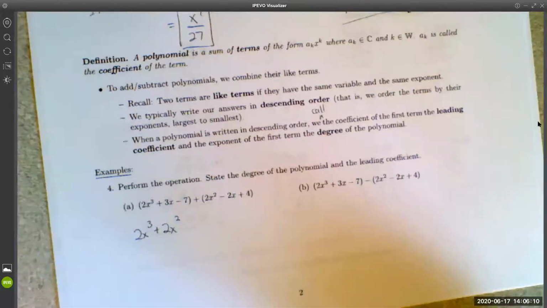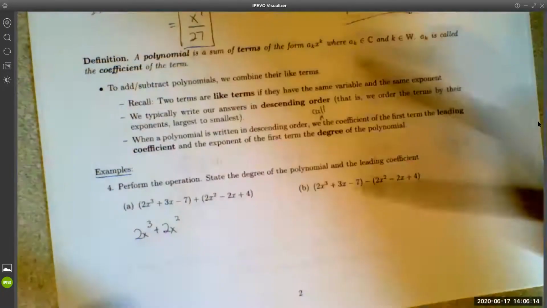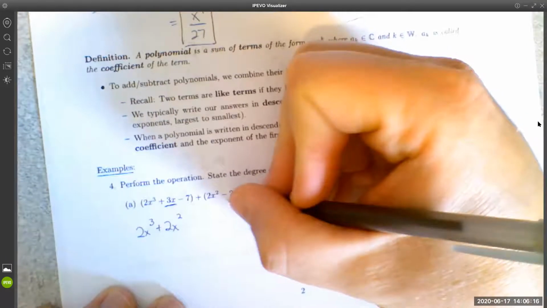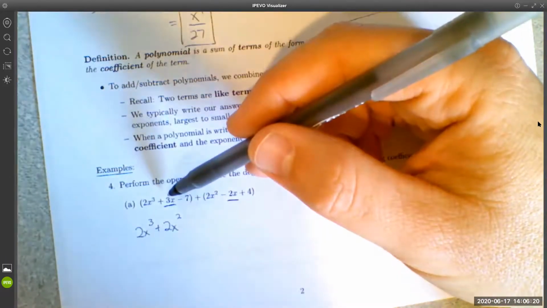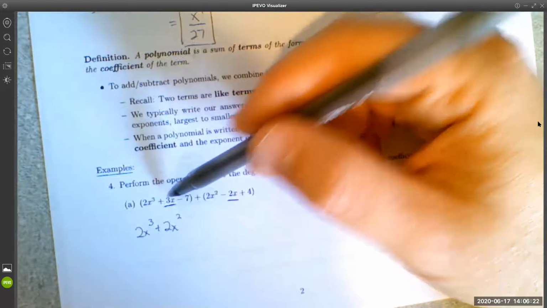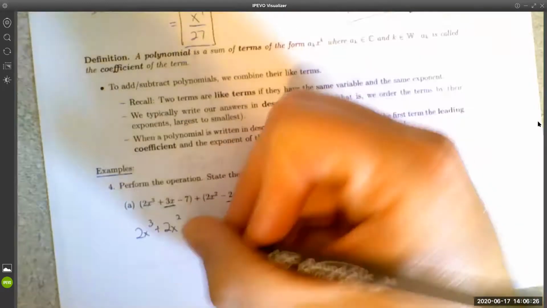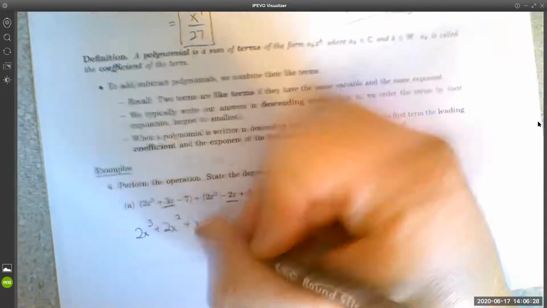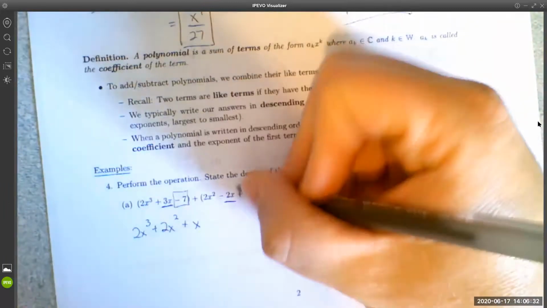Then I look for all my x to the first powers. Now I've got one there and I've got another one there. So these two are like terms. So I can combine them by adding their coefficients, right? So I've got a 3 plus negative 2. That's 1, right? So I'm going to have plus 1x. And finally, I've got a couple of constant terms.